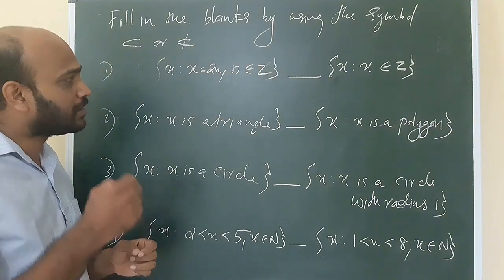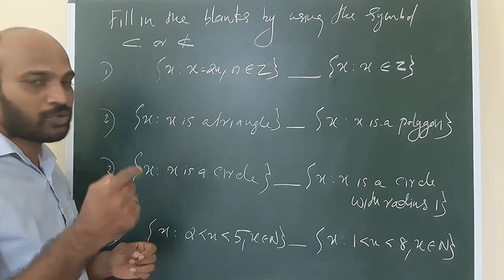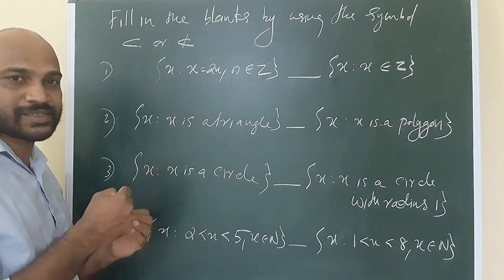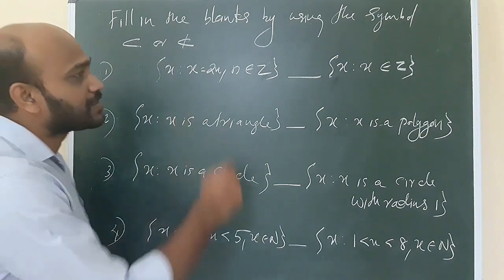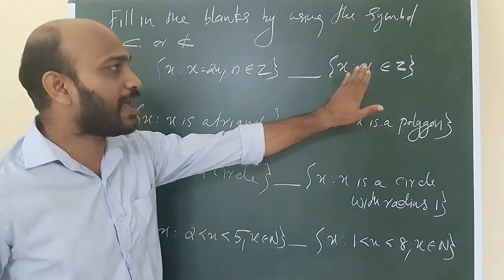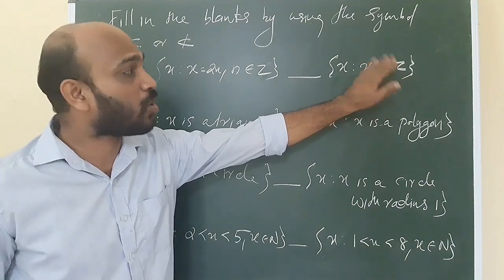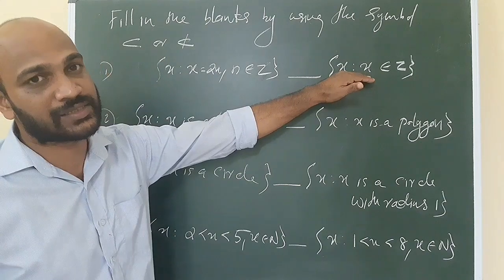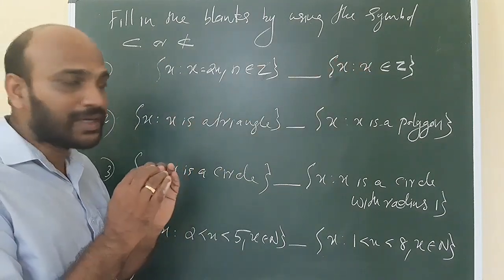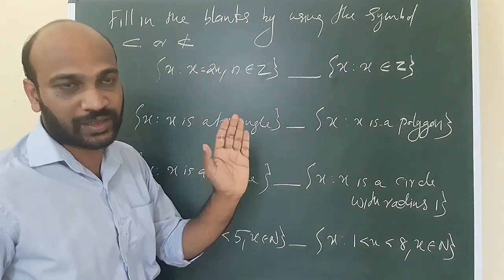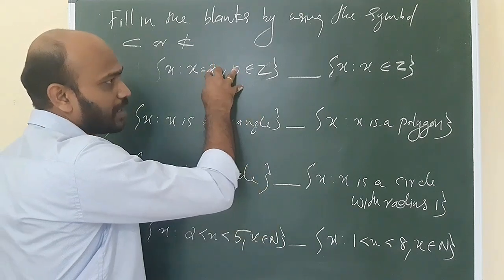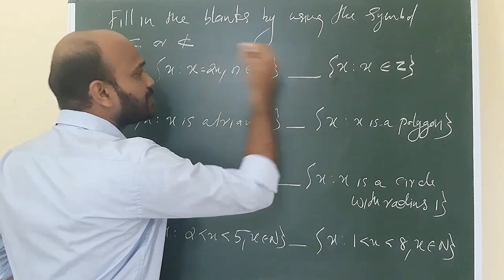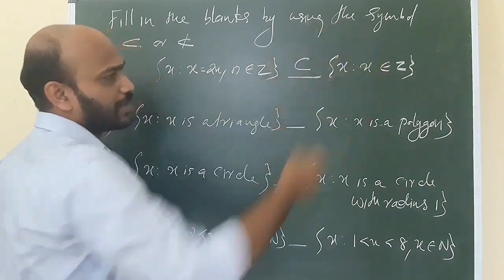Even integers are 0, 2, 4, 6, etc. Then minus 2, minus 4, minus 6, etc. And the right hand side is the set of all x belongs to Z, that means all integers. Here, all even integers. This one is all integers. Clearly all even integers are integers only. That means all elements of this set are in this set also. So actually the left hand side is a subset of the right hand side.